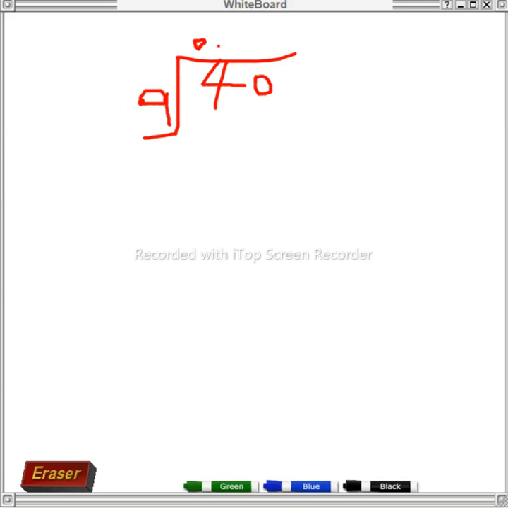When we divide 40 by 9, it will be 4. 4 times 9 is 36. When we subtract 36 from 40, we get 4. We give another 0.